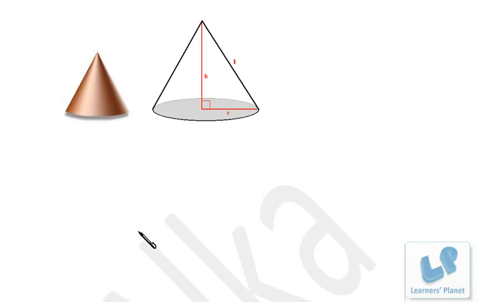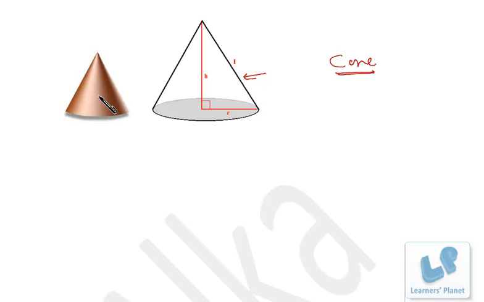Now next is cone. You might have seen the ice cream cone that is in this shape, right? Again, the basics, this surface that you can see is actually the curved surface. This is the flat surface I have shown you over here, and this is the curved surface, right?